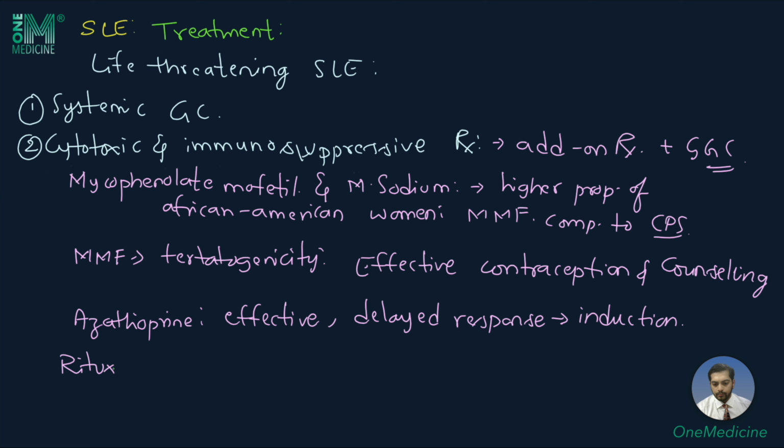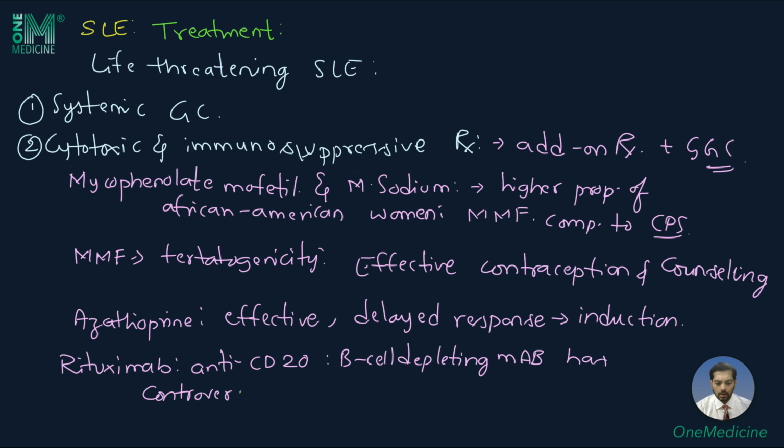Rituximab, which is an anti-CD20 B cell depleting monoclonal antibody, has controversial results in studies, and it is usually restricted to patients who do not respond to standard therapies.